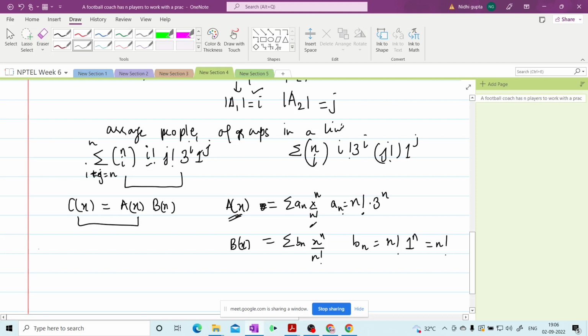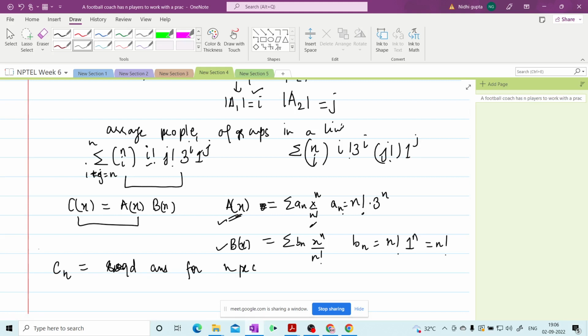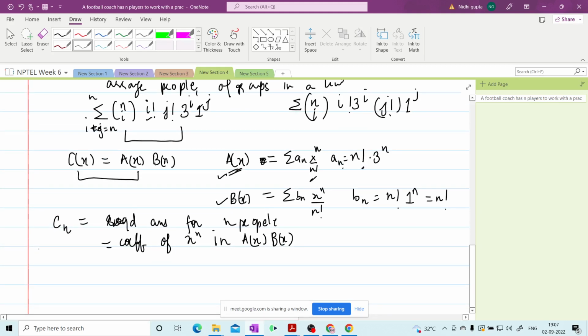Now we have got these individual terms, and Cn is the required answer for n people. It is the coefficient of x raised to the power n by n factorial in Ax Bx, because we are using exponential generating functions.